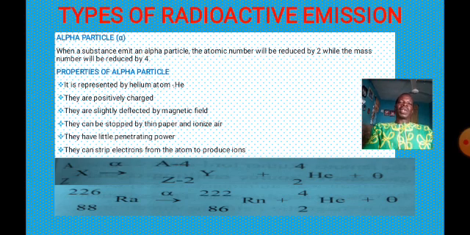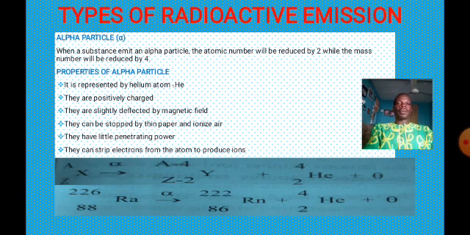And by definition, we said if any element is bombarded by the alpha particle, the atomic number of that element will be reduced by 2, while the mass number will be reduced by 4. So that is why the alpha particle is represented by the helium atom. Two, they are positively charged.